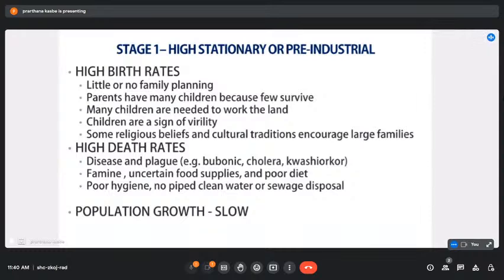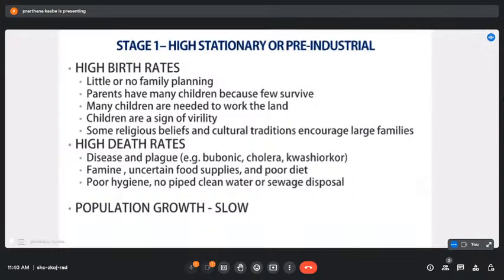Then parents have many children because few survive. Many children are needed to work on the land. Children are a sign of virility. Some religious beliefs and cultural traditions encourage large families.